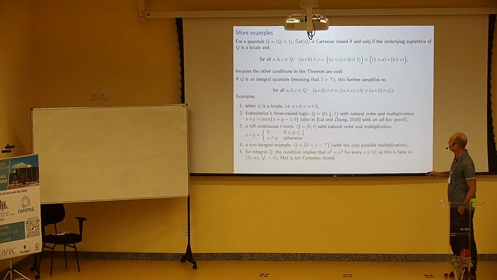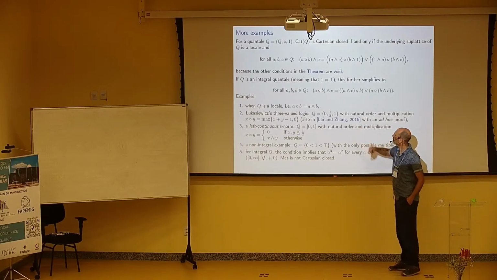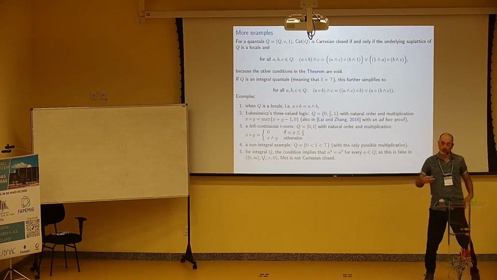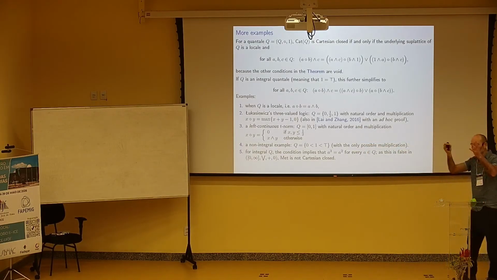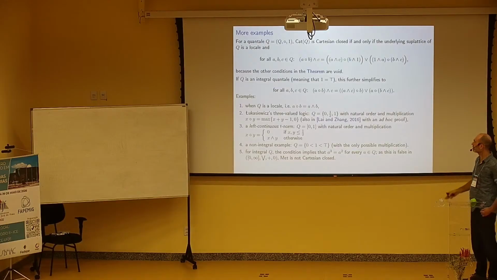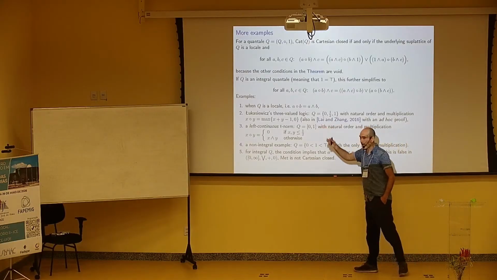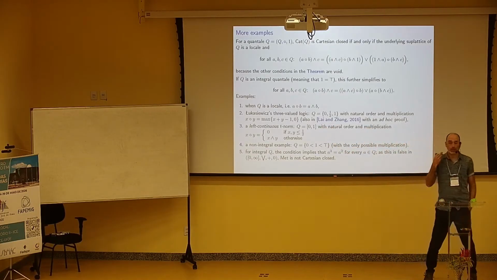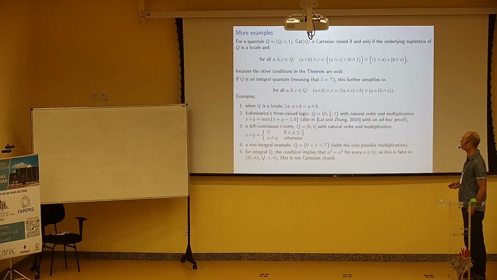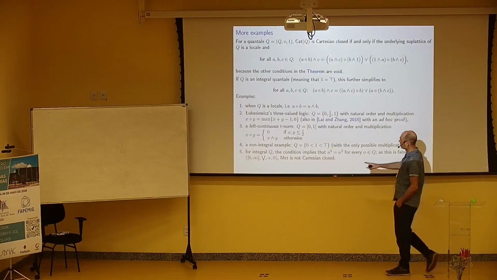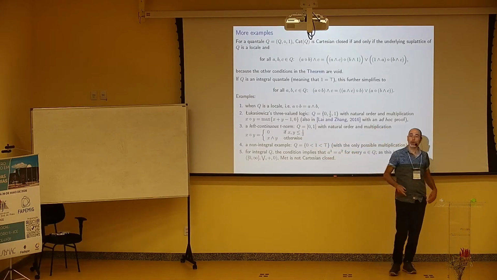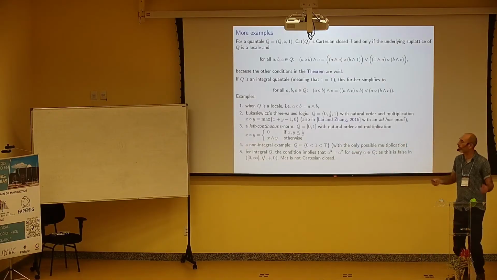It was known by an ad hoc argument that, not called Q-categories but something similar, Lukasiewicz partial orders are Cartesian closed, but now we have this more general result of which this is an example. We have examples of t-norms, non-trivial ones, for which we have Cartesian closed categories. There is a non-integral example, a three-element quantale that can have only one possible multiplication.